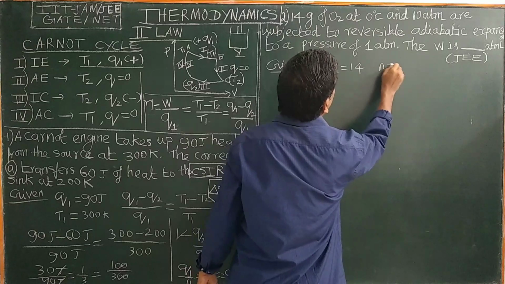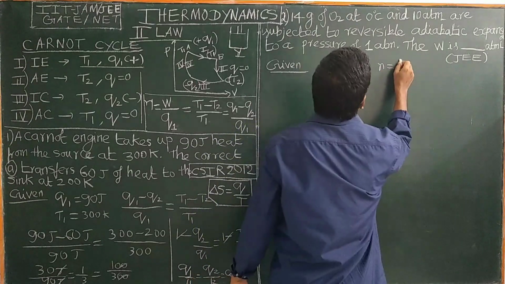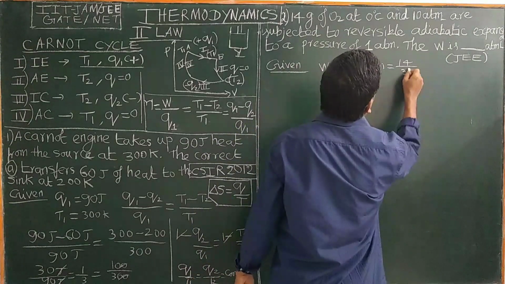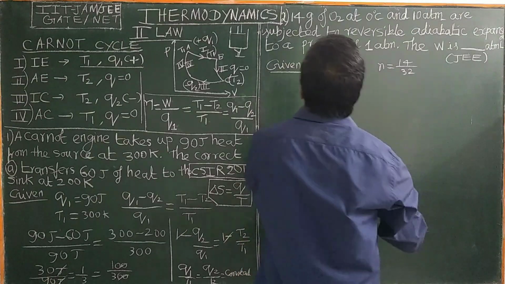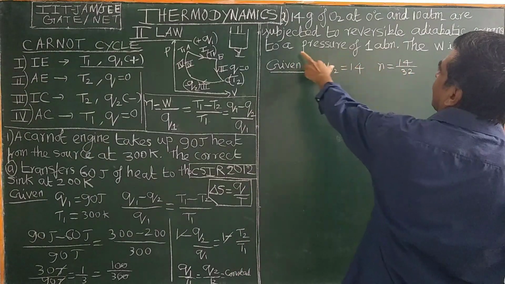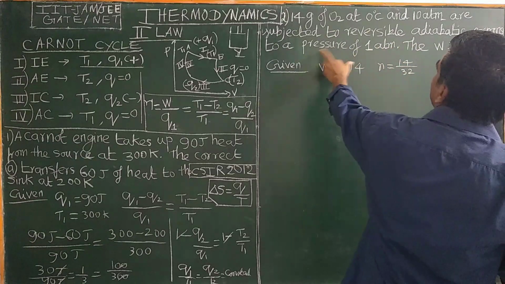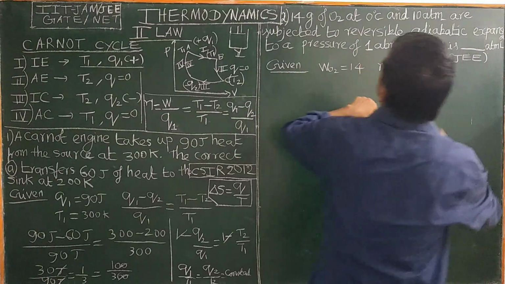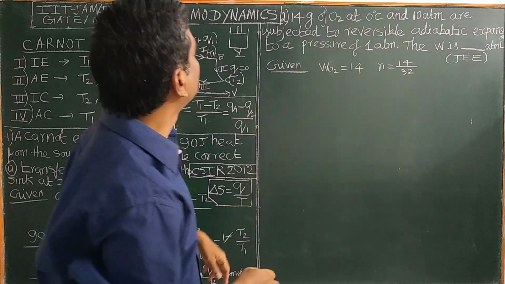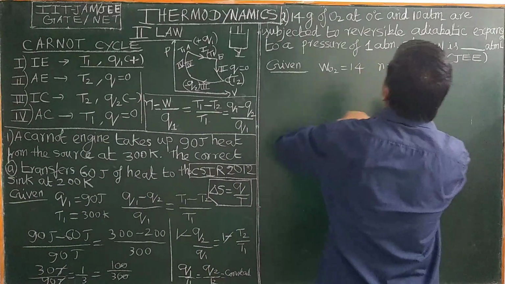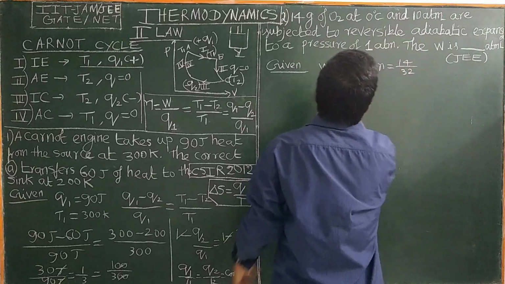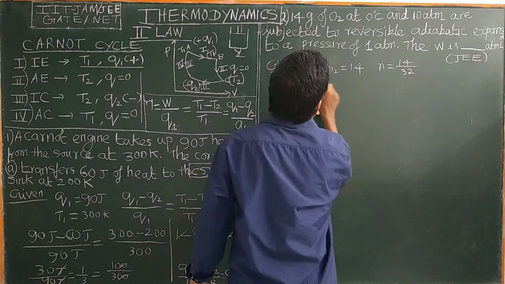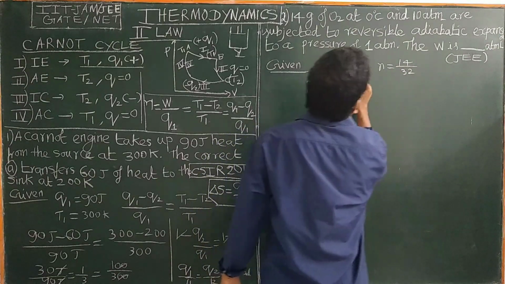Therefore, number of moles of oxygen equal to 14 by 32. Next, the expansion to a final pressure P2 equal to 1 atmosphere.